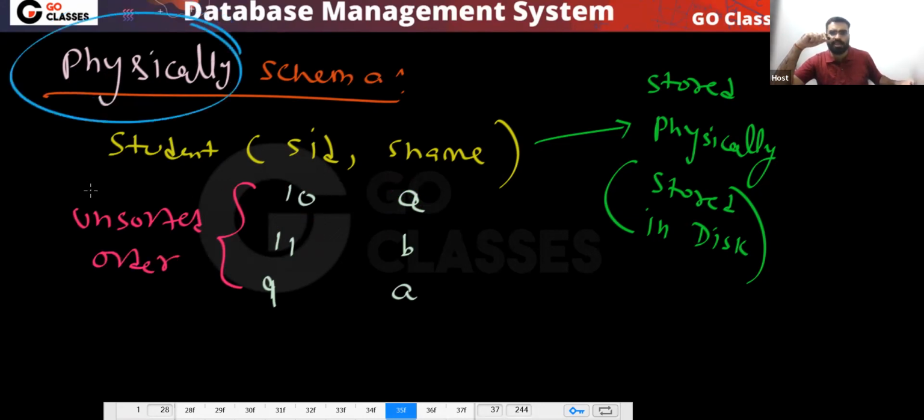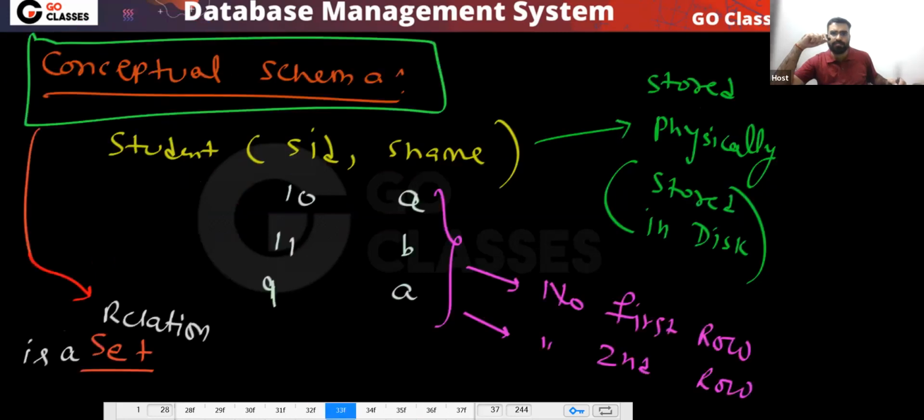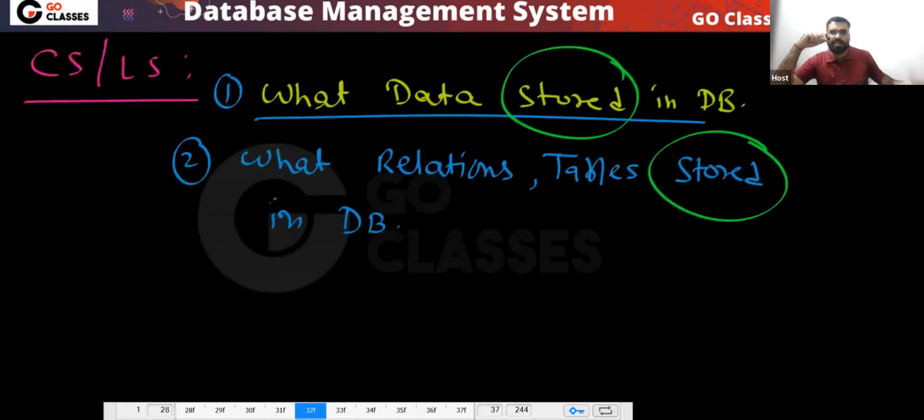So physically, how is the data stored? Is this clear to everyone? Conceptual schema versus physical schema. The conceptual schema tells you what data we are storing. It will not tell you how the data is stored, or which data structure we are using.